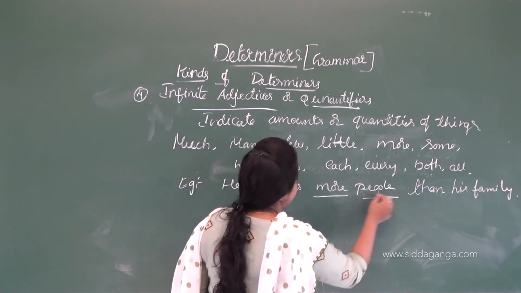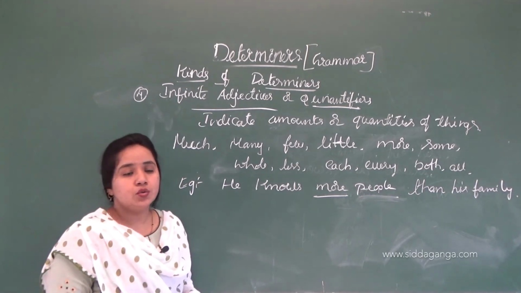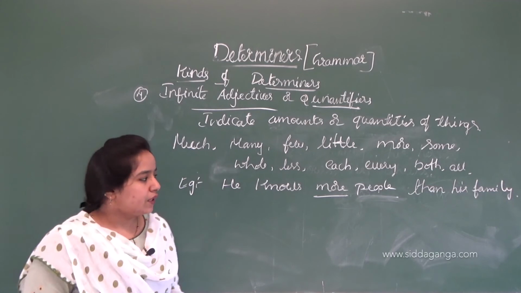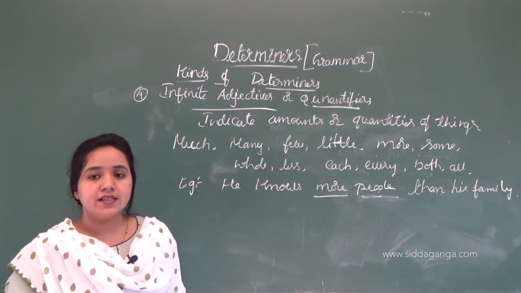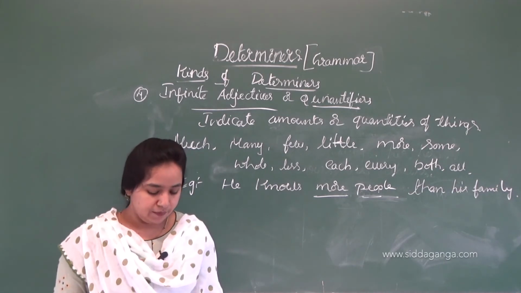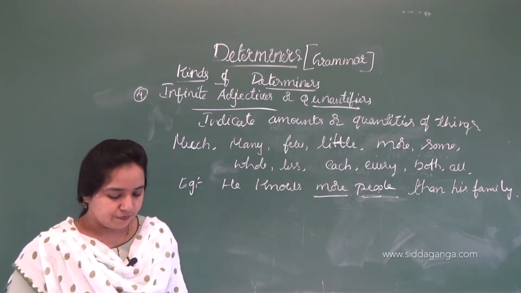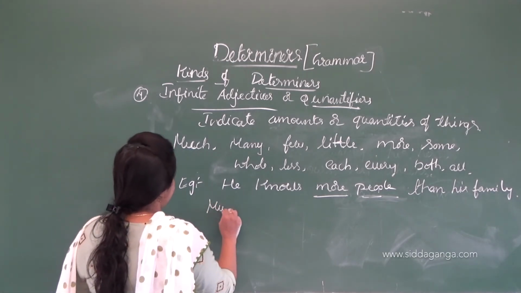We don't know how many people he has known. It may be more than 1, 2, 3, 4, 5. It's countable, but we don't know how much there is. So it is divided into countable and uncountable. Then we take the example with much and many.